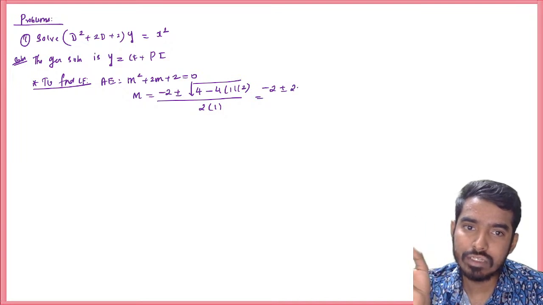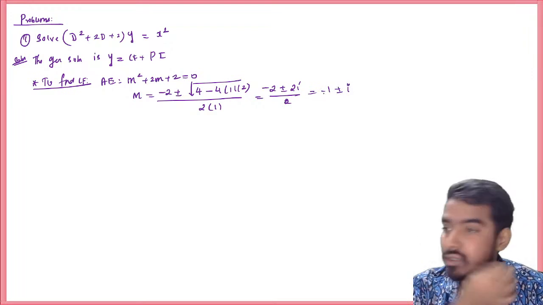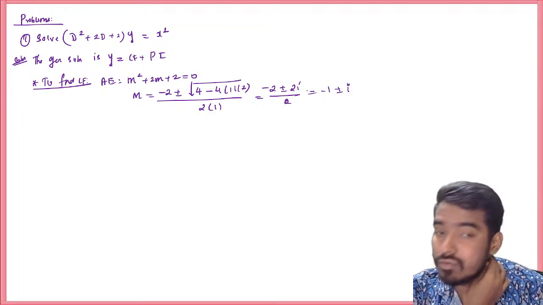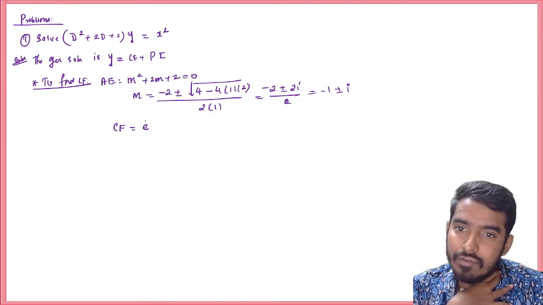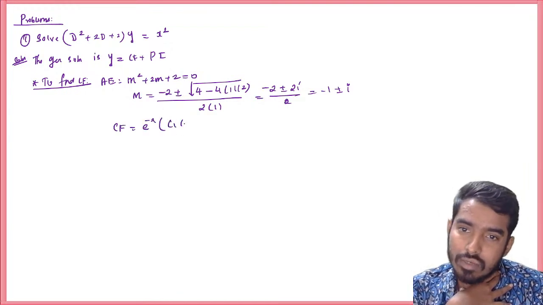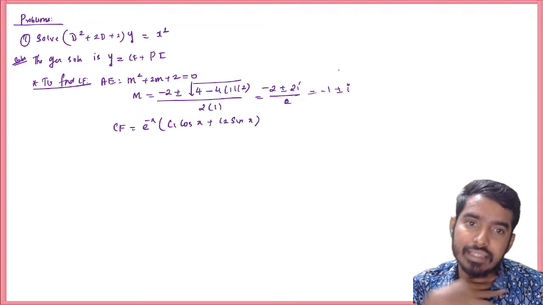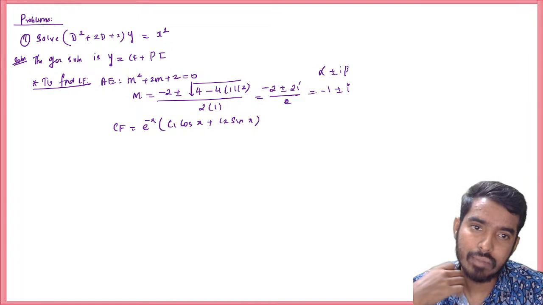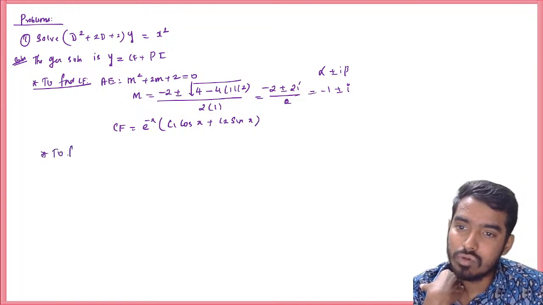Root of minus 4 is 2i, divided by 2, so minus 1 plus or minus i. Therefore, we have one pair of complex roots. So your CF is e power alpha x, C1 cos beta x plus C2 sin beta x, where the roots are alpha plus or minus i beta. Here e power alpha x is e power minus x. Very important.